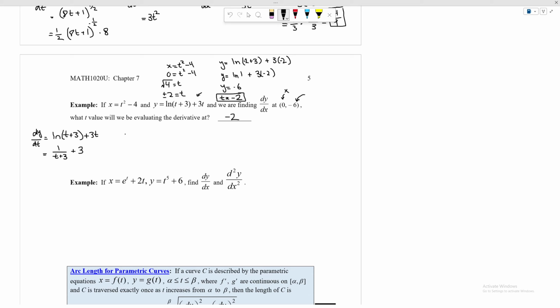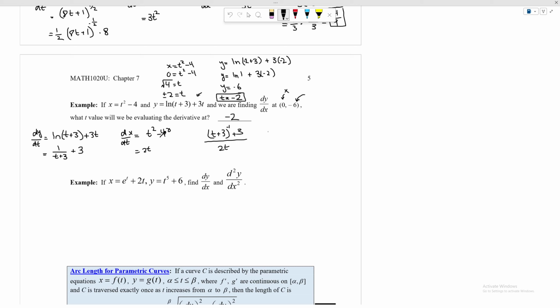And so now I also have my dx over dt. I'm a little bit rusty with my derivatives. So t squared minus 4: your 4 goes to 0 when you differentiate it, and my t squared becomes 2t. And so now we've got to put them one over the other. So we have 1 over (t plus 3) plus 3, all over 2t.